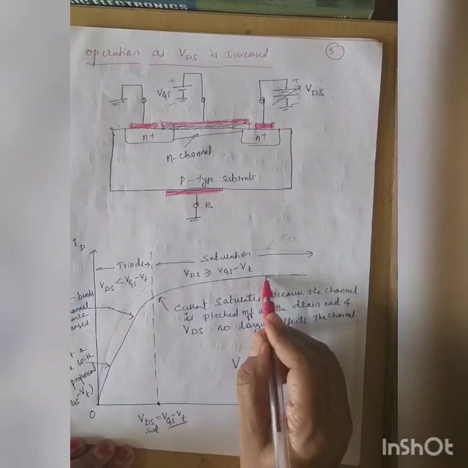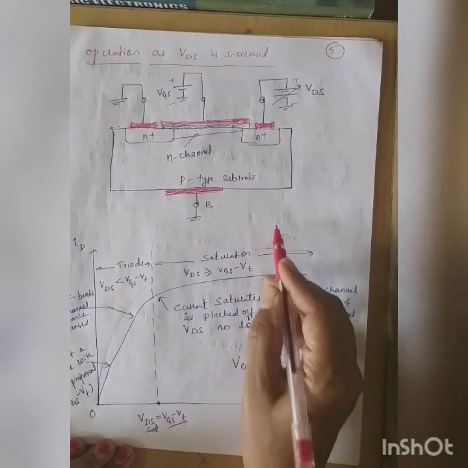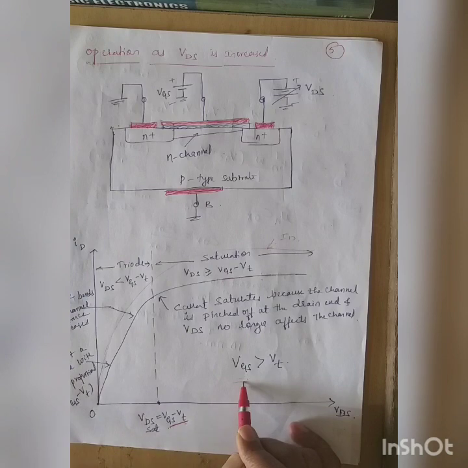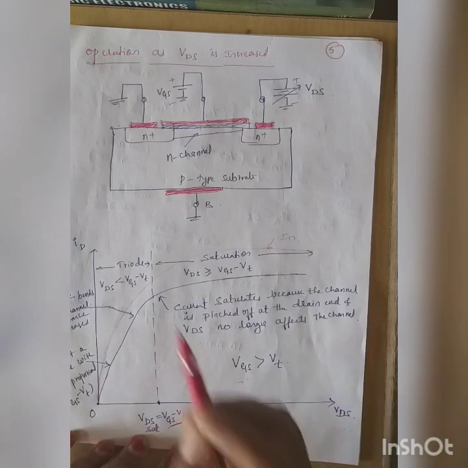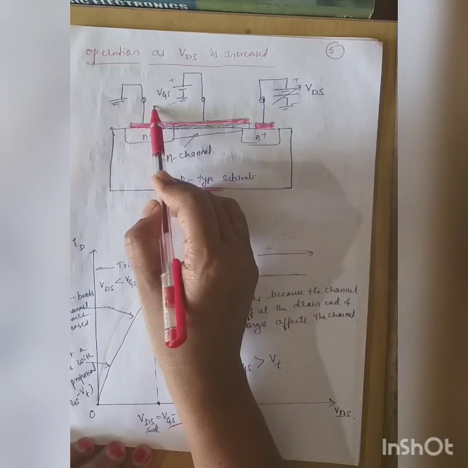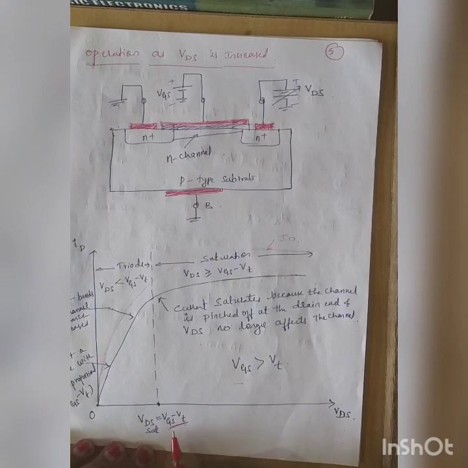So when you compare this ID and this ID, you observe that ID goes on increasing as your VGS value increases. So the current ID is controlled by what voltage now? It is controlled by VGS. That is why these devices are called voltage controlled devices.